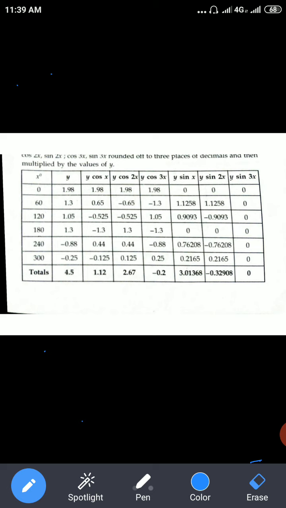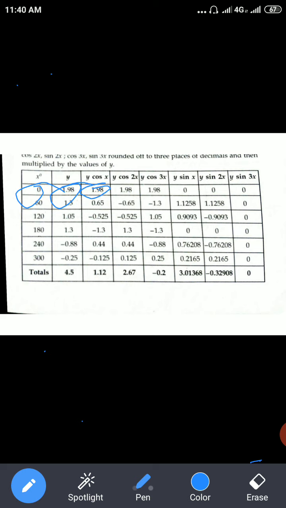So y is what here? 1.98. If you have a calculator, you can do it. 1.98 cos of x with respect to this x is 0. That is cos of 0. Cos of 0 is 1. 1 into 1.98 is 1.98.